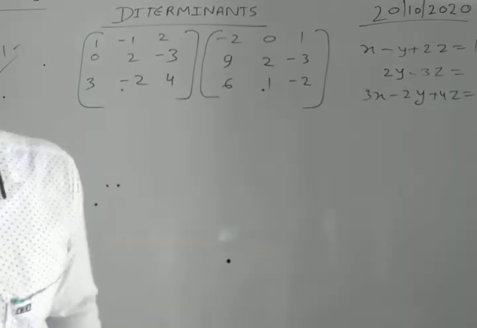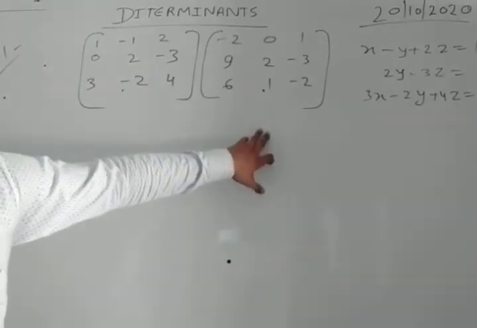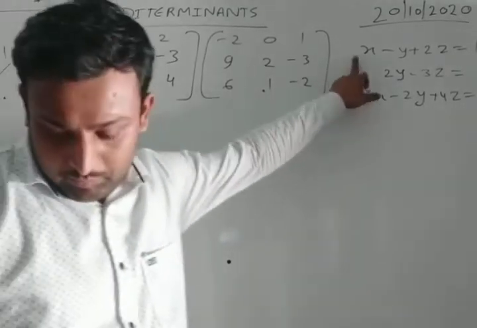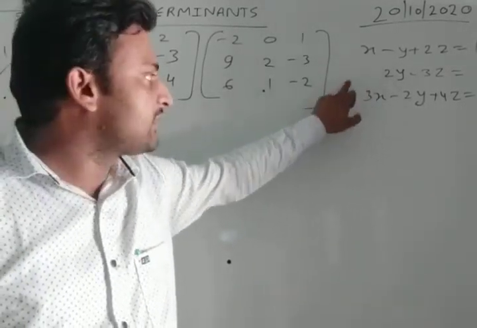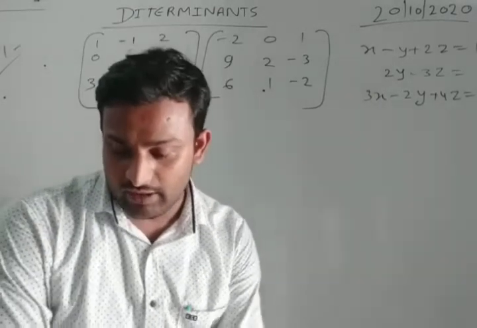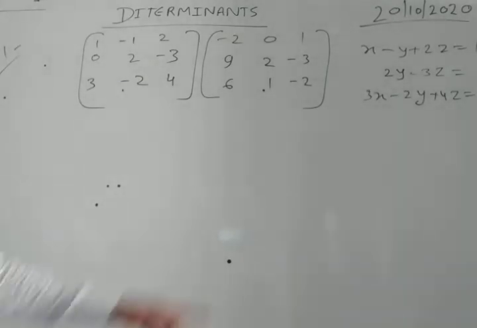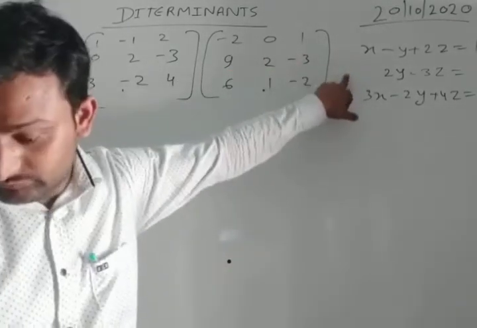We have to use the product of this and this to solve the system of equations and find the values of x, y, z.